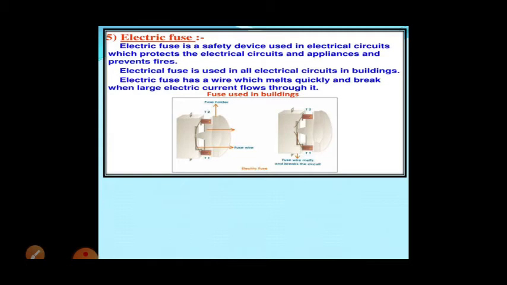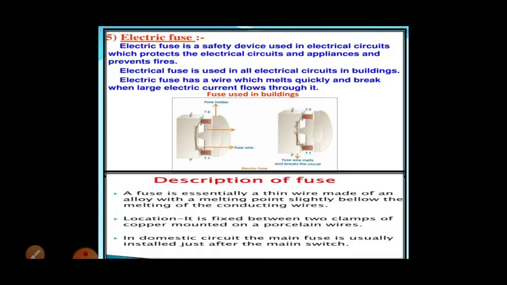When it breaks the circuit, it easily protects the devices in our home appliances. A fuse is essentially a thin wire made of an alloy whose melting point is slightly below that of the normal conducting wire, so it easily melts, and if a little more high voltage or high current passes through the wire, it will break the circuit.